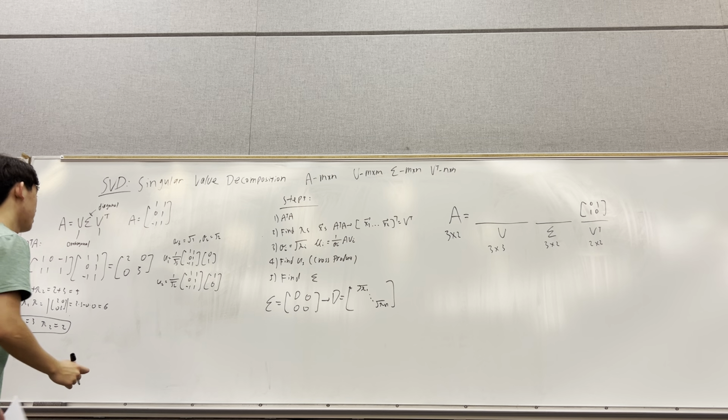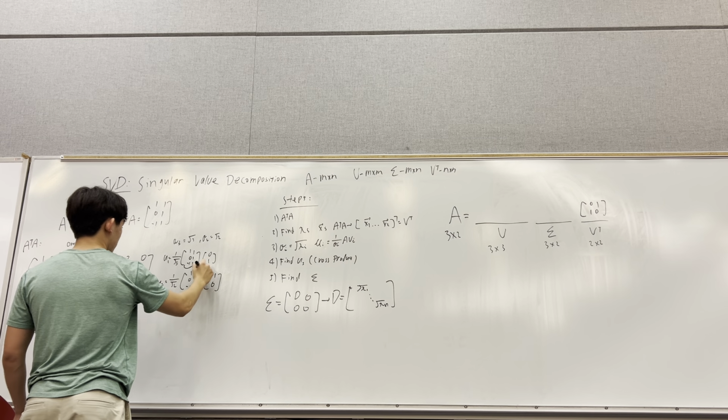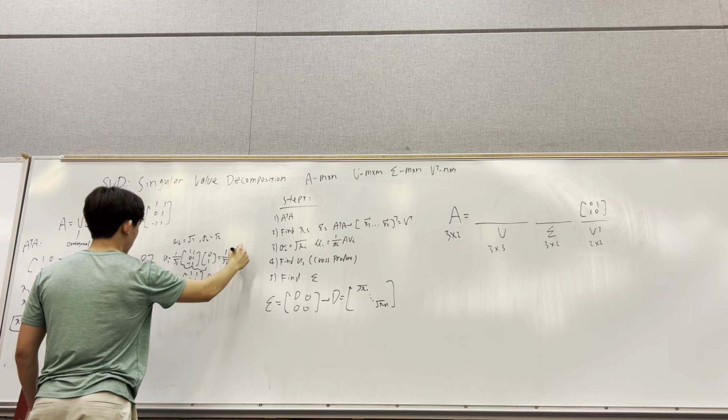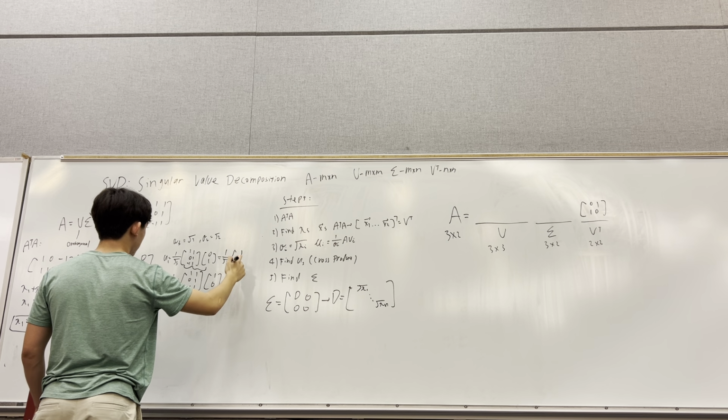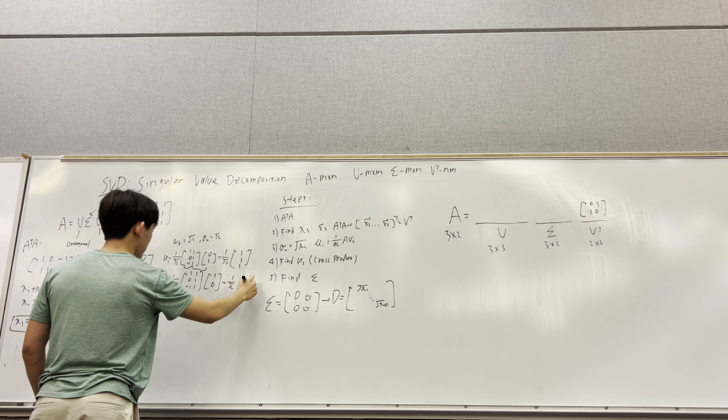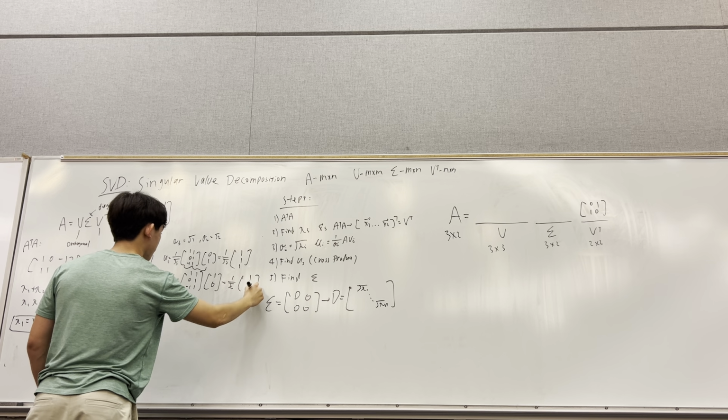Okay, and we can go ahead and compute this. So u1 is equal to 1 over square root of 3 times (1, 1, 1). And u2 is equal to 1 over square root of 2 times (1, 0, -1).